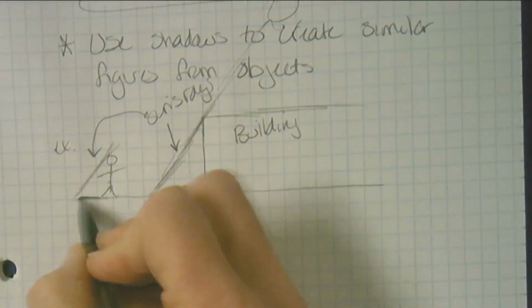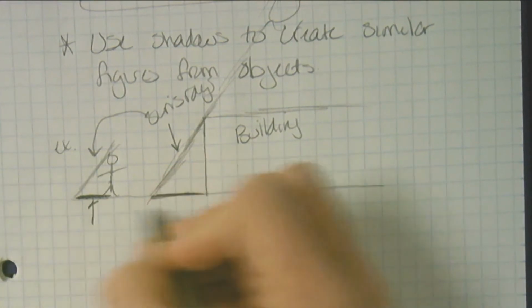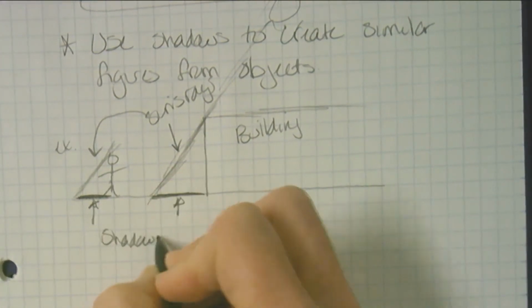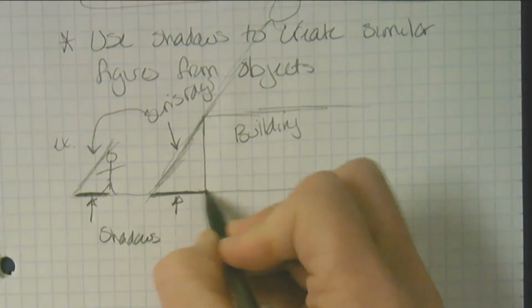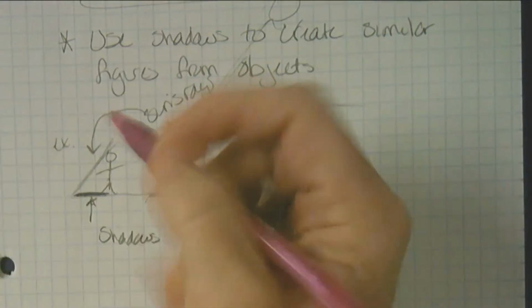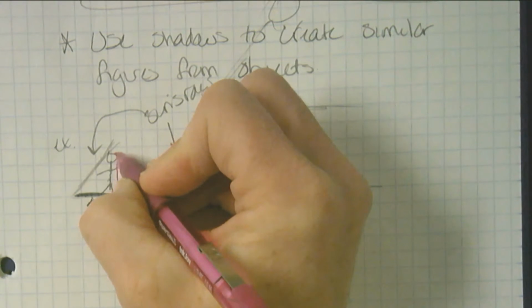And these are my shadows. Do you guys remember doing this last year? Well, great. I'm doing it again right now, so you're going to get it now. So what I have is the height of the person.